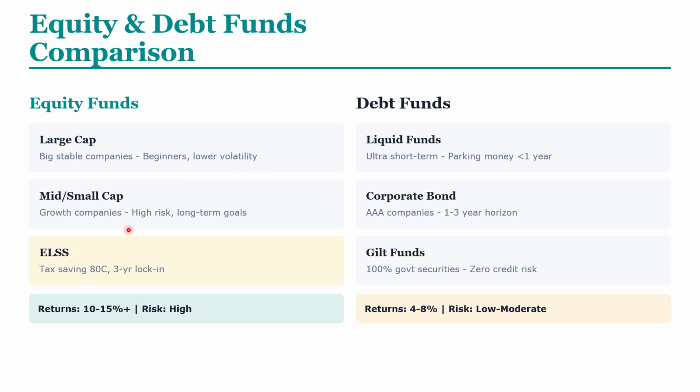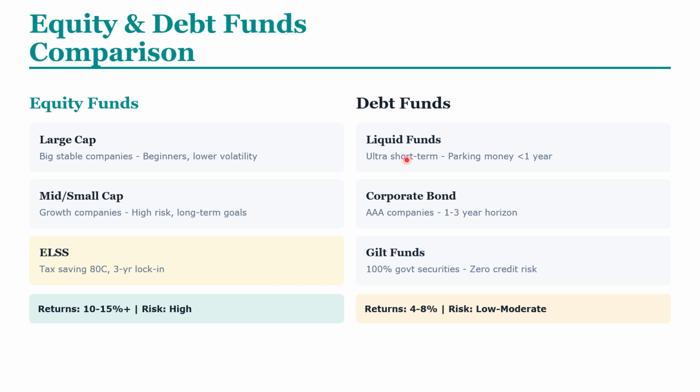Whereas in mid or small cap, the amount is invested in growth companies, slightly newer companies which have less market cap, less history, right? So here risk is slightly higher and this is suitable for long term goals. ELSS gives tax saving under Section 80C, but there is a lock-in of 3 years. Here returns might be somewhere around 10 to 15%, but risk is higher.